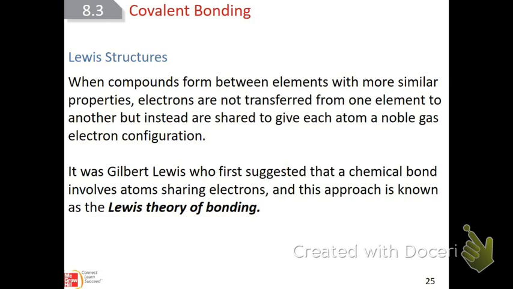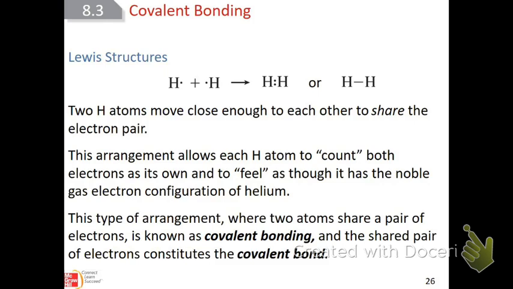Please keep in mind from chapter 2 or 3, where we talked about ionic bonding versus covalent bonding, that covalent bonding occurs between two non-metals. Last chapter we split the periodic table up into metals, non-metals, and the metalloids.